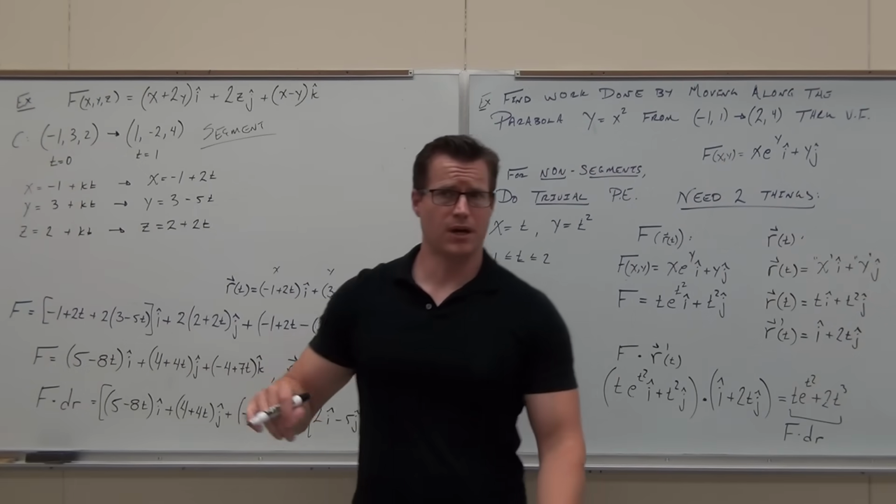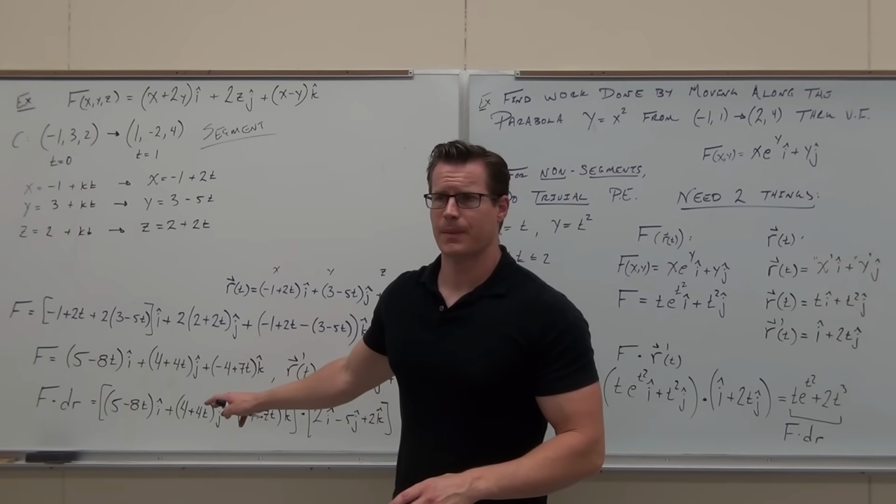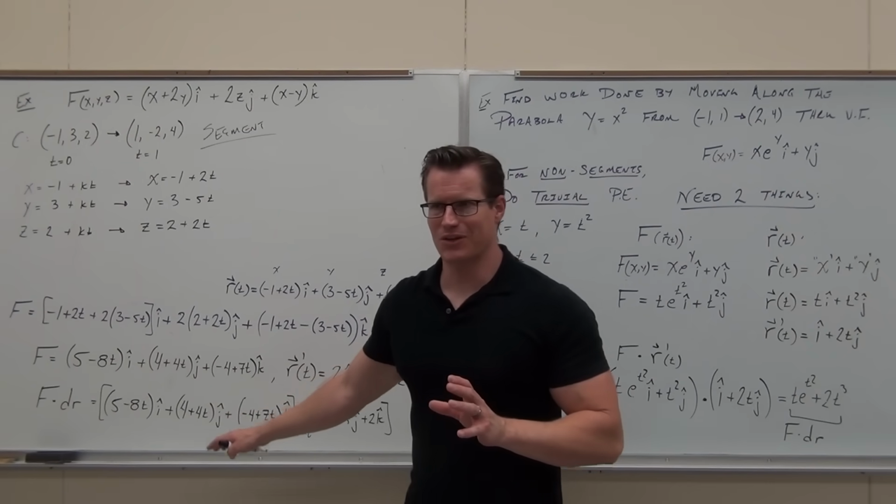Tell me something. Do you feel confident that you could perform that dot product? Is it going to give you a vector? Is it going to give you a scalar? What's it going to give you?